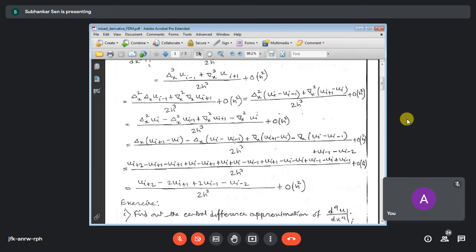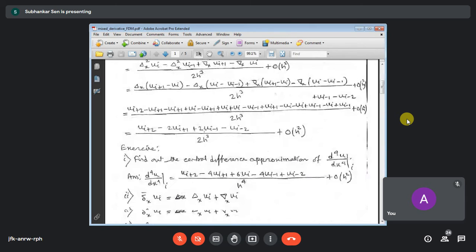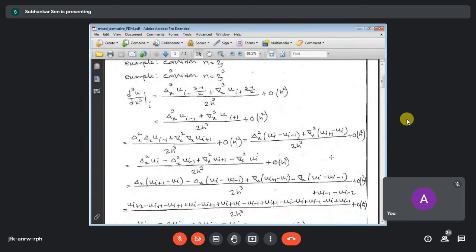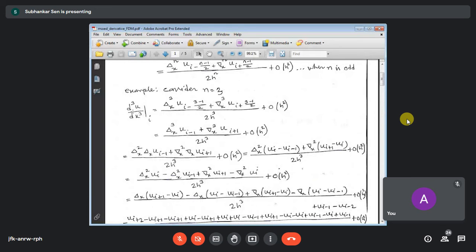So using this operator, when n equals 4, you find this expression. Okay. So if you look into this formula, what is happening is that when n equals 1, we have two terms. When n equals 1, this becomes du dx. In du dx, we have ui plus 1 minus ui minus 1. So we have two terms.